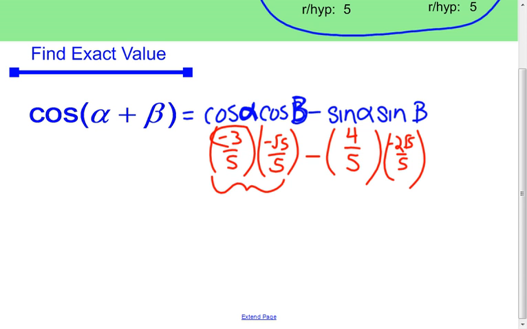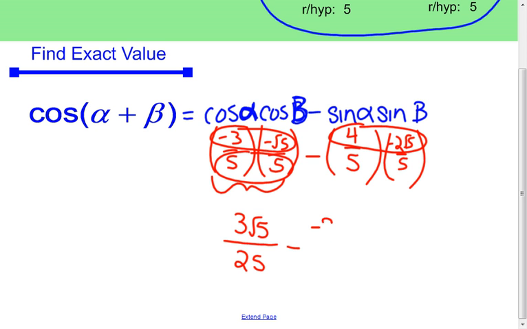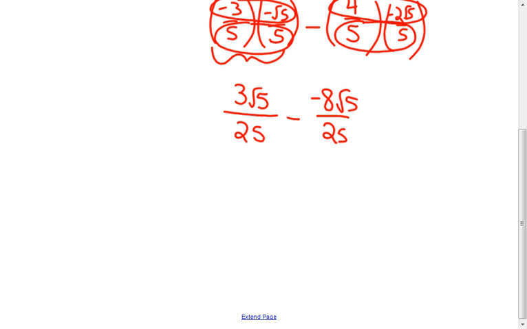So on the top, negative 3 times negative root 5 would be positive 3 root 5. And on the bottom, 5 times 5 is 25. Minus, and then on the top here, negative 8 root 5 over on the bottom, 25. Now I'm subtracting fractions, and I do need common denominators when I'm subtracting fractions, which luckily I have.